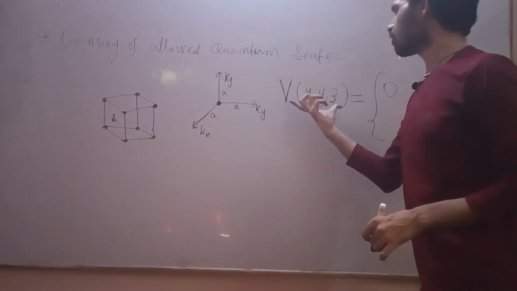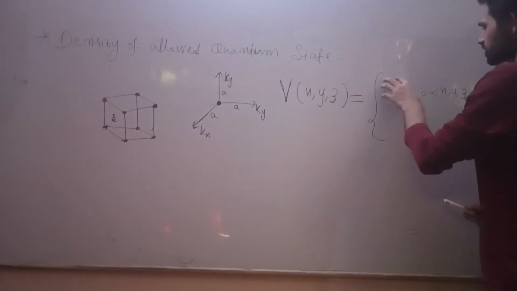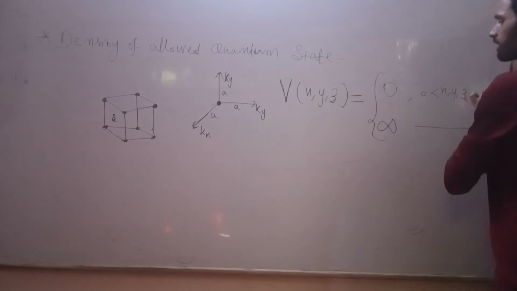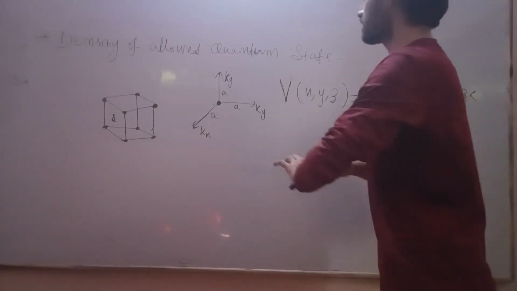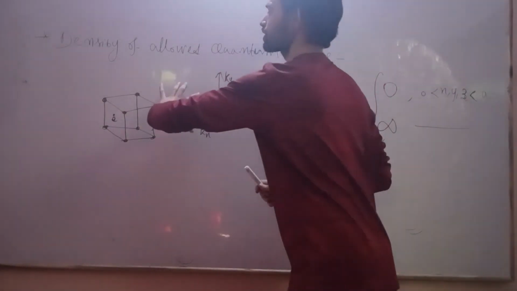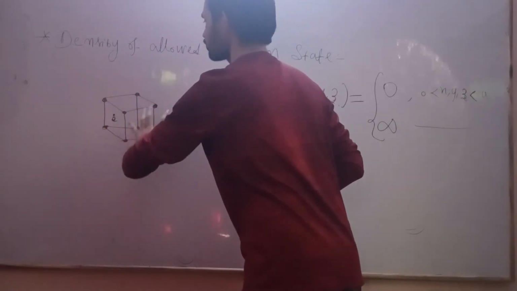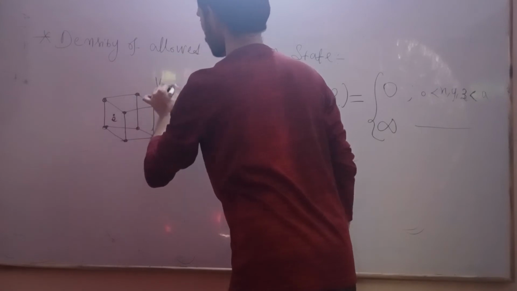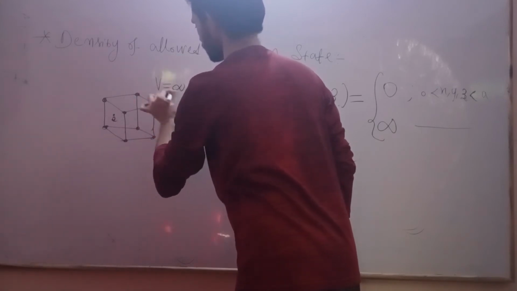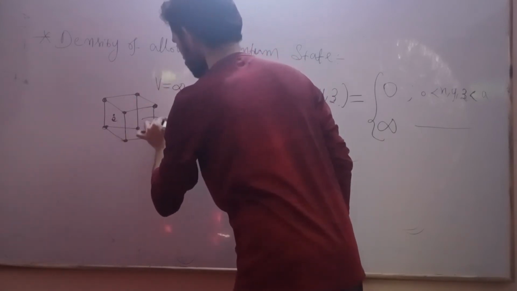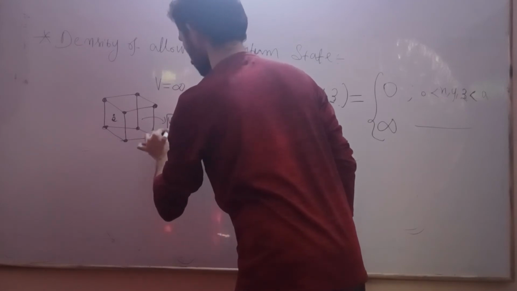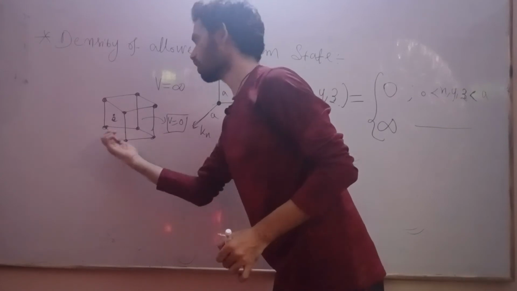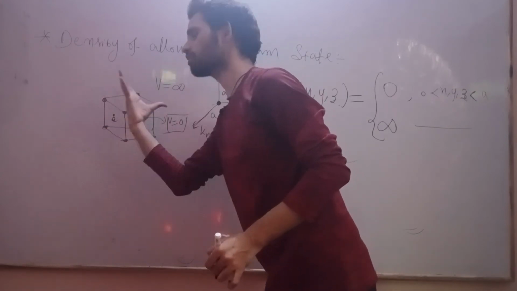The potential is 0 inside the crystal, and it is infinite otherwise. Otherwise means greater than a, that is, outside the crystal or outside the infinite potential well. There the potential is infinite, and inside the crystal the potential is zero. So this electron exists inside the crystal, the three-dimensional infinite potential well.